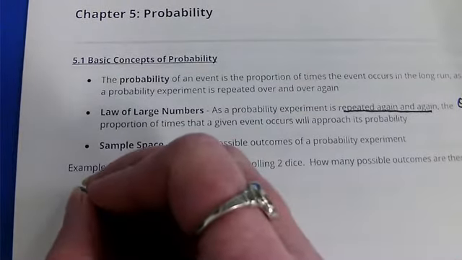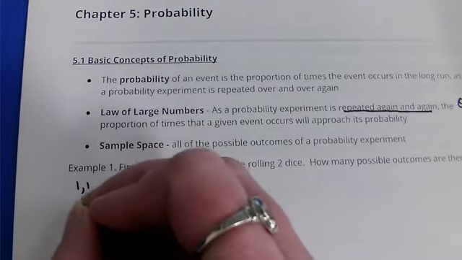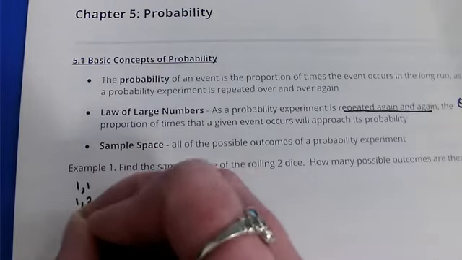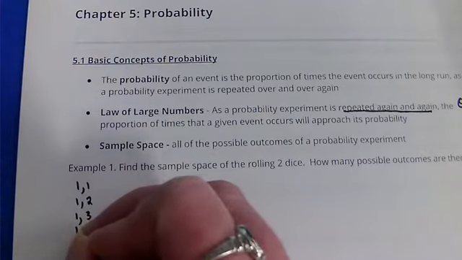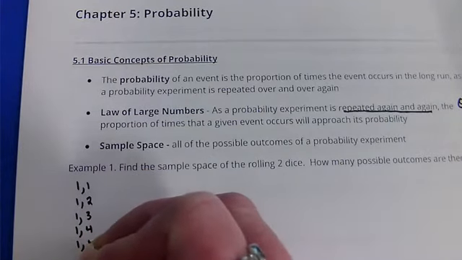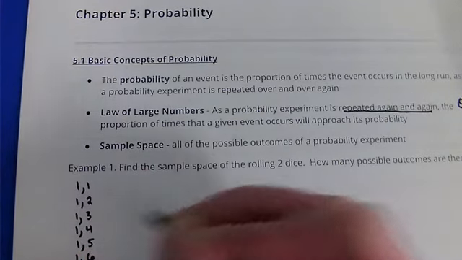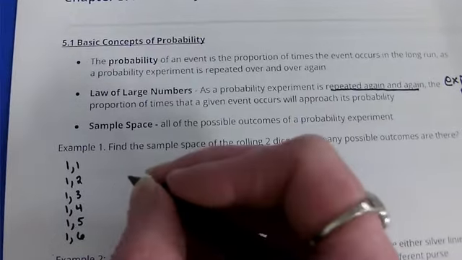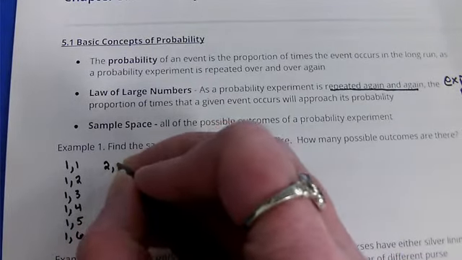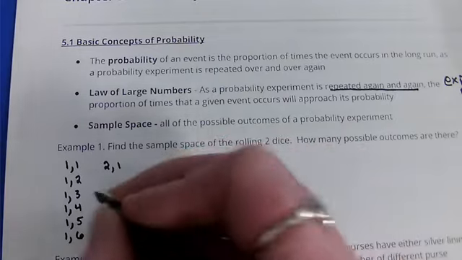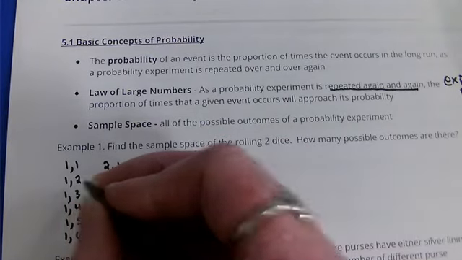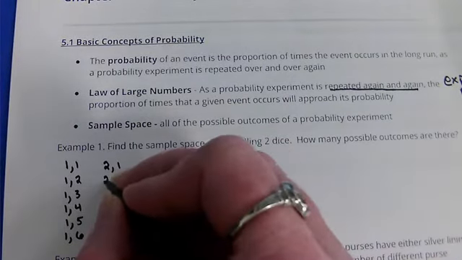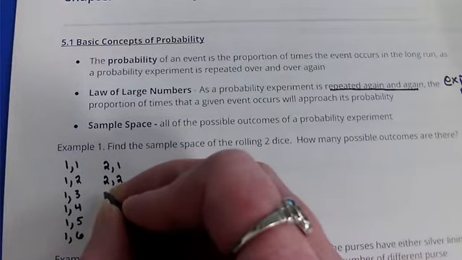So I could have a 1 and a 1, a 1 and a 2, a 1 and a 3, a 1 and a 4, a 1 and a 5, a 1 and a 6. Or 2 on the first die and 1 on the second, because that is different than 1 on the first and 2 on the next. So those are 2 different occurrences.